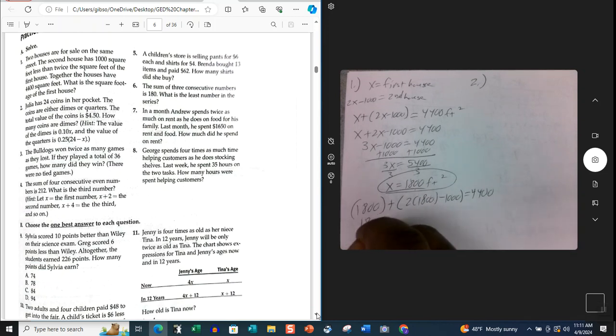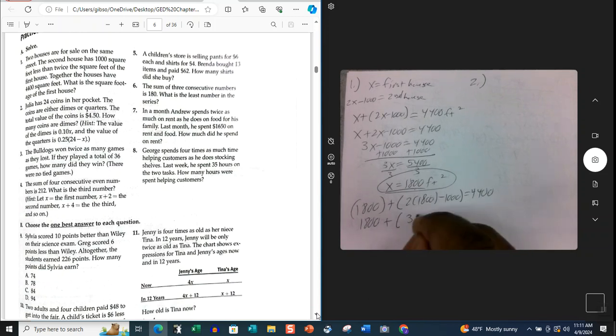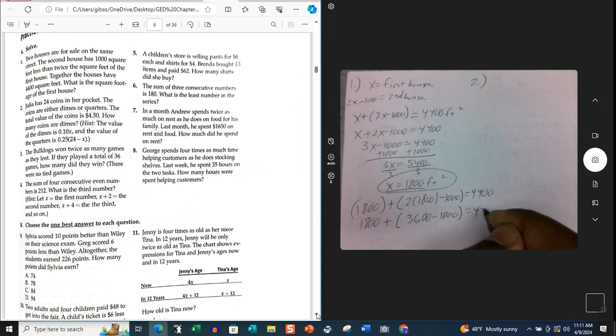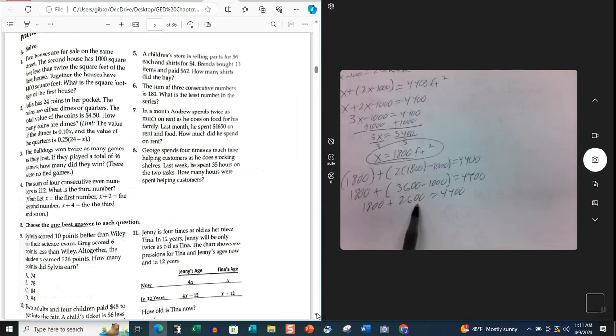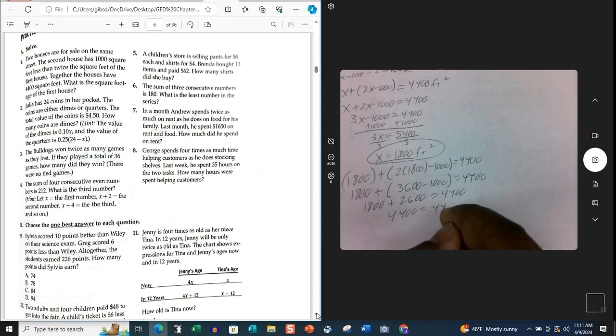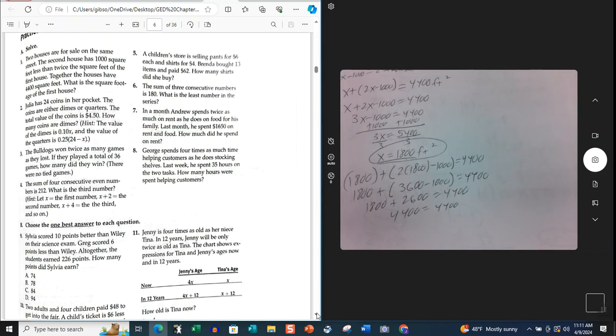So we had 1,800 plus, in parentheses, 2 times 1,800 is 3,600 minus 1,000 equals 4,400. So we had 1,800 plus 3,600 minus 1,000 is 2,600. 1,800 plus 2,600 is 4,400. And 4,400 equals 4,400. So this 1,800 square feet actually works.